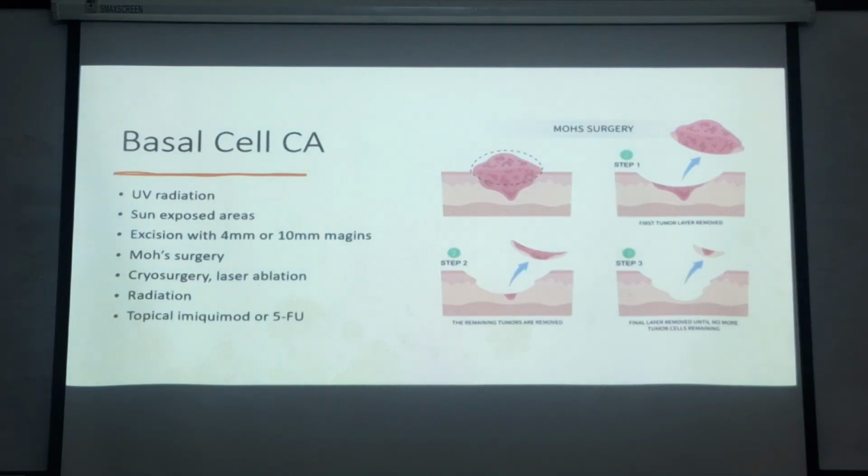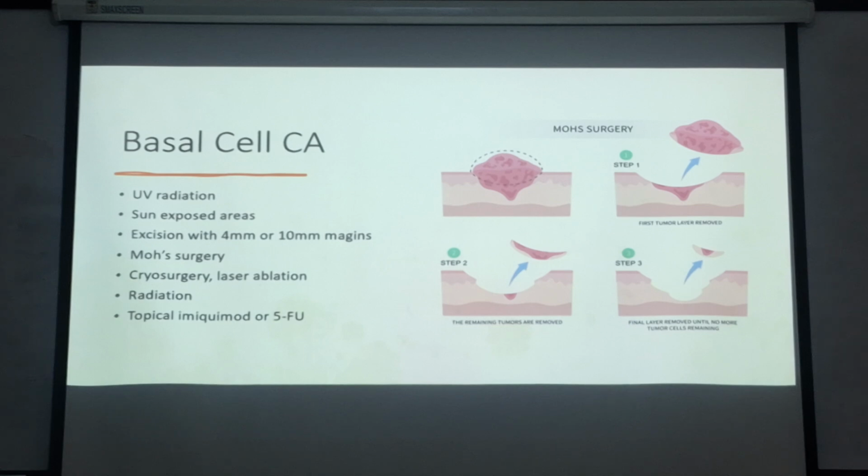Okay. Basal cell carcinoma. The risk factor would be UV exposure. It's common in sun-exposed areas. Now, the goal usually is to do an excision with a 4 to 10 millimeter margin with Mohs surgery. If you see this diagram here, for Mohs surgery, it is a technique wherein we use what we call a frozen section.